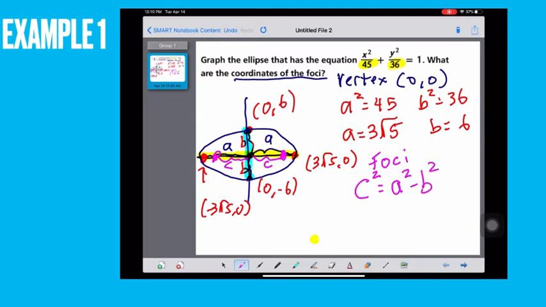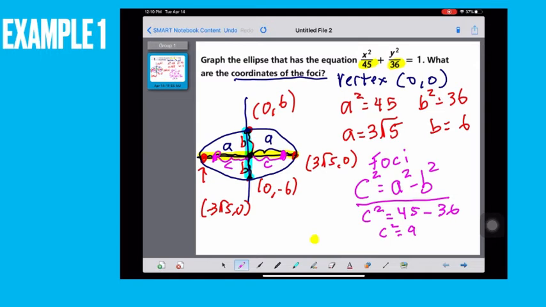So kind of the Pythagorean theorem, but not really. So this is the formula we're going to use to find that C value. So in our problem here, A squared was 45, B squared was 36. So our C squared is going to equal 9.